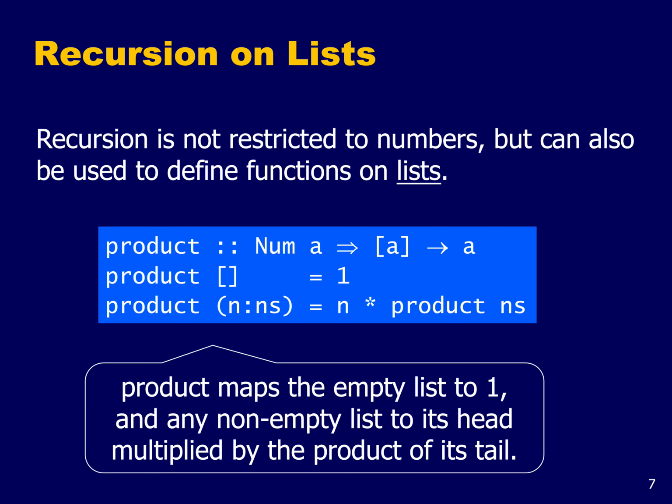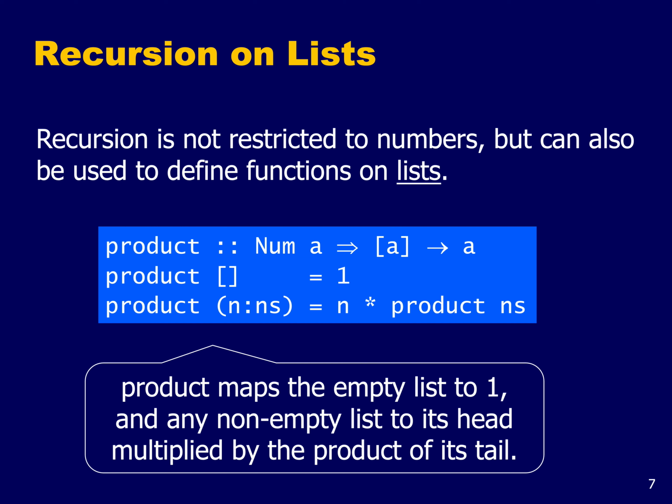So what we're going to do now is think about recursion on a different data structure, and in particular, recursion on lists. The observation here is that recursion is not just restricted to numeric things, to numbers, but we can also use it to define functions which operate on lists, and that gives us some flexibility to define lots of interesting functions.